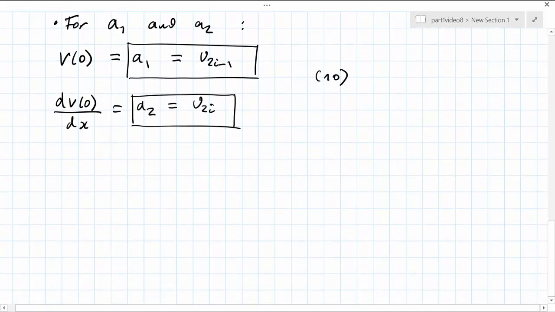a3 and a4 need to be determined simultaneously. If we write down expressions for V(L) and dV(L) by dx, we can see that they are a pair of simultaneous equations.